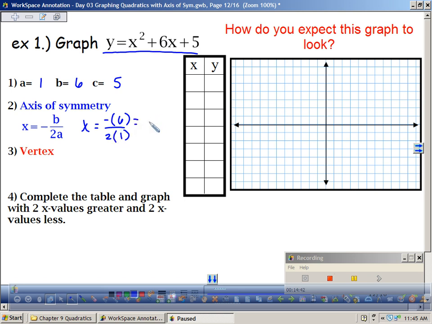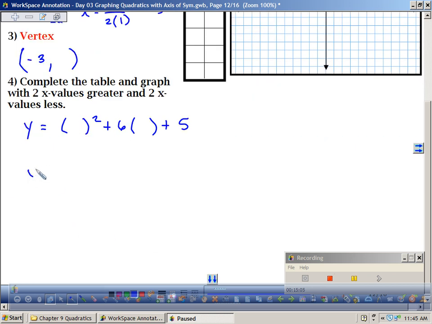What is negative 6 over 2? Negative 3. So I'm going to put negative 3 right here, and I'm going to put in my 3 shells. y equals x squared plus 6x plus 5, because that's what we just found.